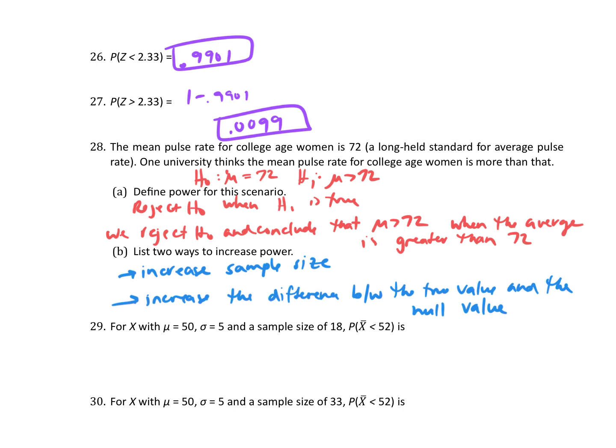If I find that my actual value is 80, I increase the difference between the two, and therefore I increase power.